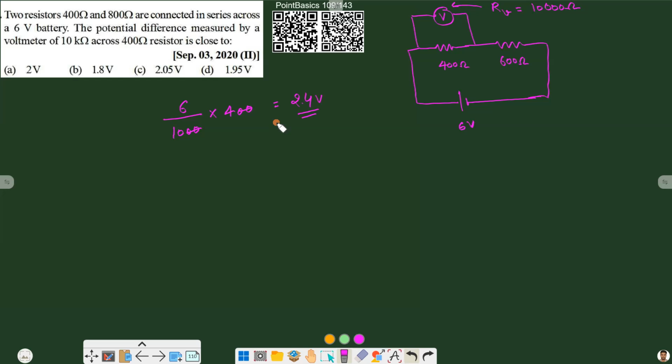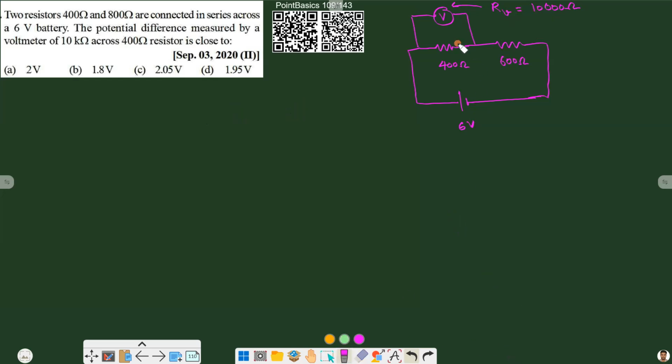But in this scenario right now, this voltmeter is not ideal. So we will just consider it like a normal resistance, and then we will be able to find out what value it will show.